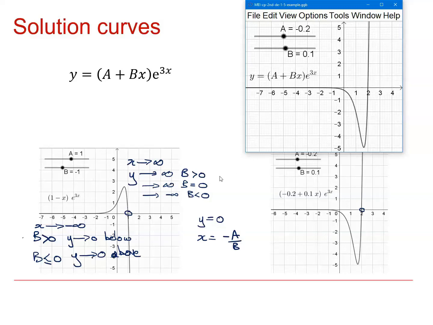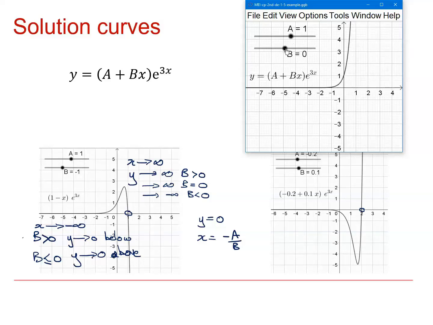So what about the situation in which b is equal to 0? You can see there it's actually just behaving like a e to the 3x. So if a is positive, it's just like a multiple of e to the 3x, and if a is negative, then it's just the mirror image of that. The other thing to look at is what happens if b is actually quite large.